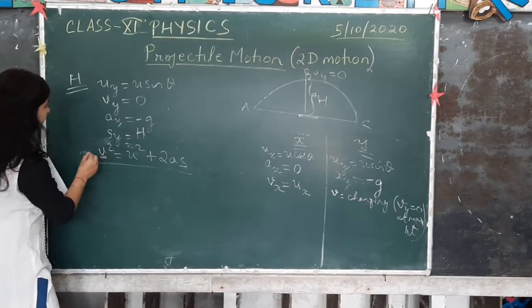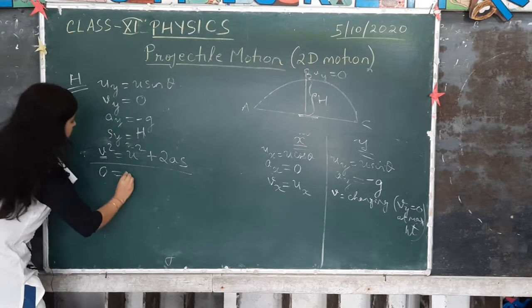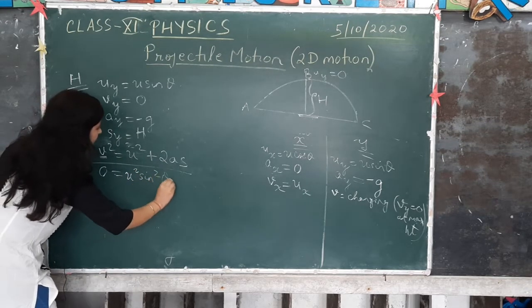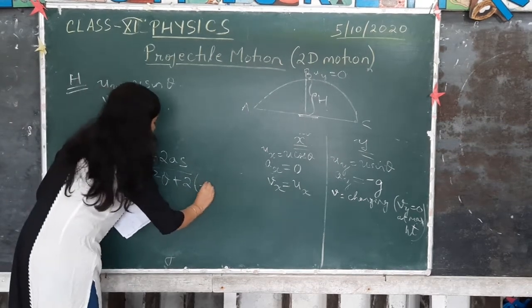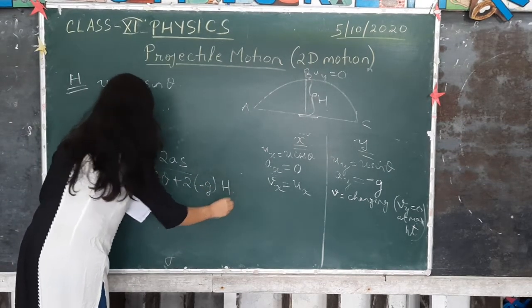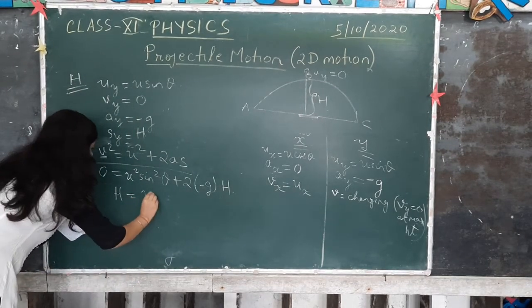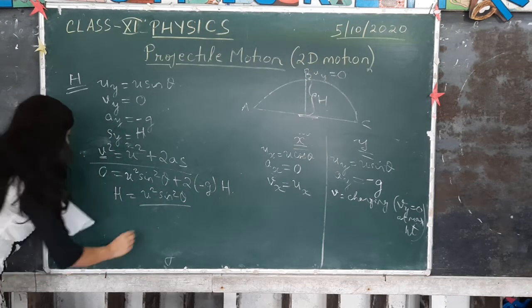Now v is 0. U is u sine theta, square of it is u square sine square theta, plus 2 into a, which is minus g, and s is h. On solving, we will find h is equal to u square sine square theta divided by 2g.